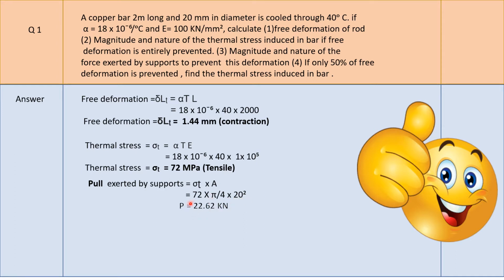So do the calculations from here: 72 into pi divided by 4 into 20 square. You will get the answer 22.62 into 10 raised to 3. If for 10 raised to 3 you write kilonewton, then it will become 22.62 kilonewton, or 22.62 into 10 raised to 3 Newton. This is the answer which you get.